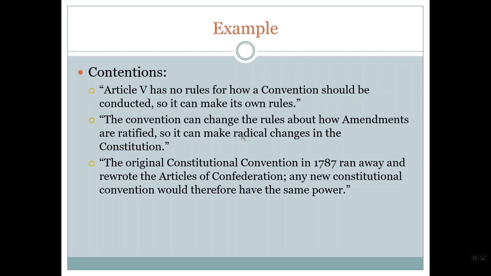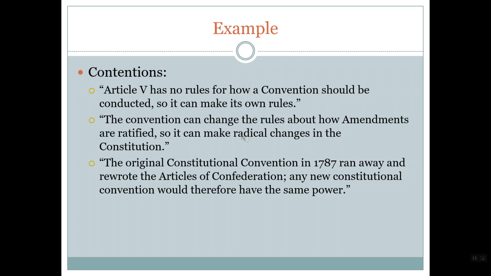The first one is that Article 5 does not specify the rules for a convention, so it can make its own rules, and when it makes its own rules, it can basically do whatever it wants, including that it's not bound by the rules given to it by the states that called for the convention. Another one is that because the convention can change the rules, it can also change the way amendments are ratified, and therefore it can make radical changes to the Constitution.